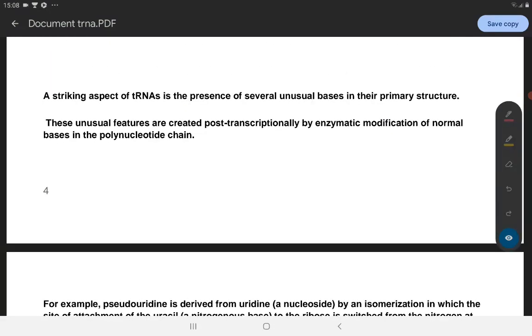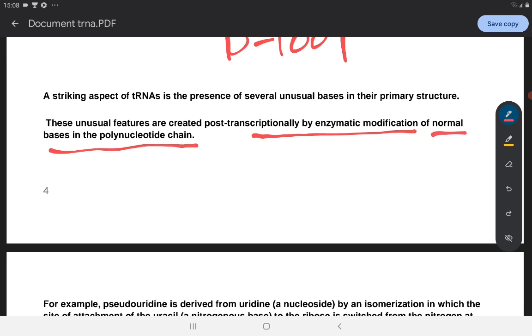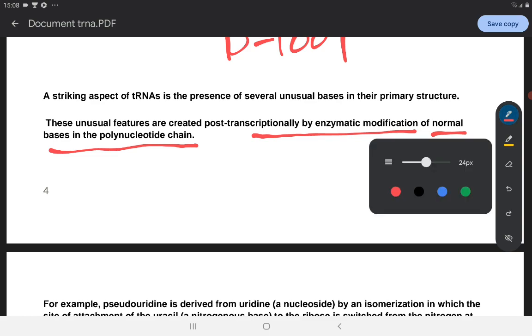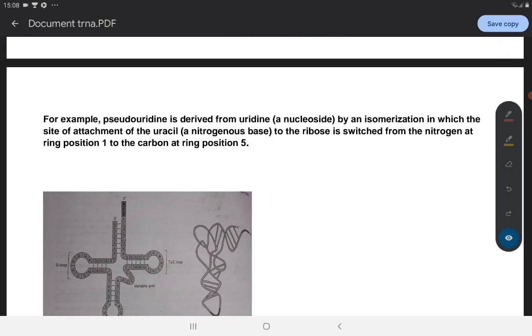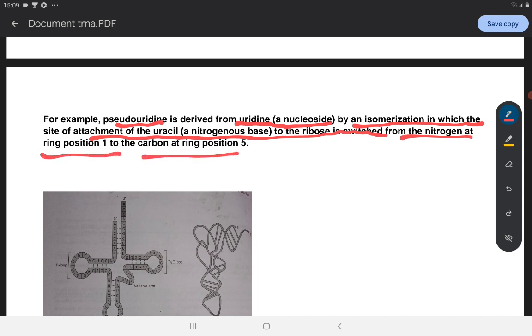Now there are some unusual post-transcriptionally added modifications through enzymes which are different from normal bases in the polynucleotide chain, right? So let's see them. For example, pseudouridine, like we talked about earlier in the T loop, is derived from uridine by an isomerization in which the site of attachment of uracil to ribose is switched from nitrogen at ring position 1 to carbon at ring position 5.